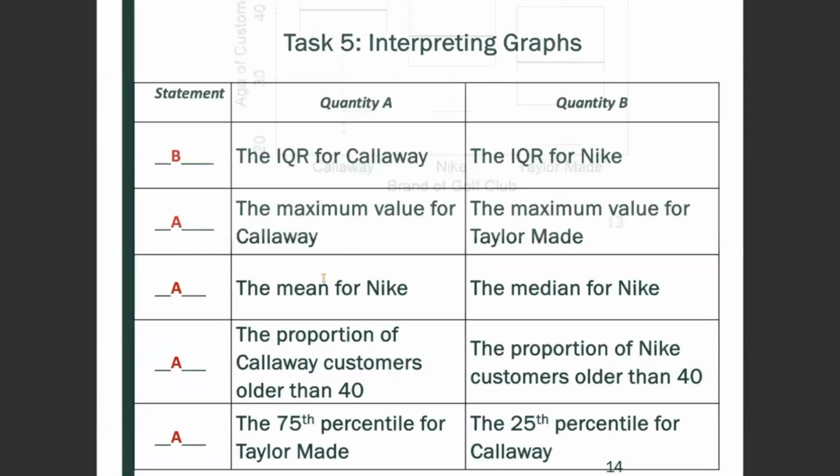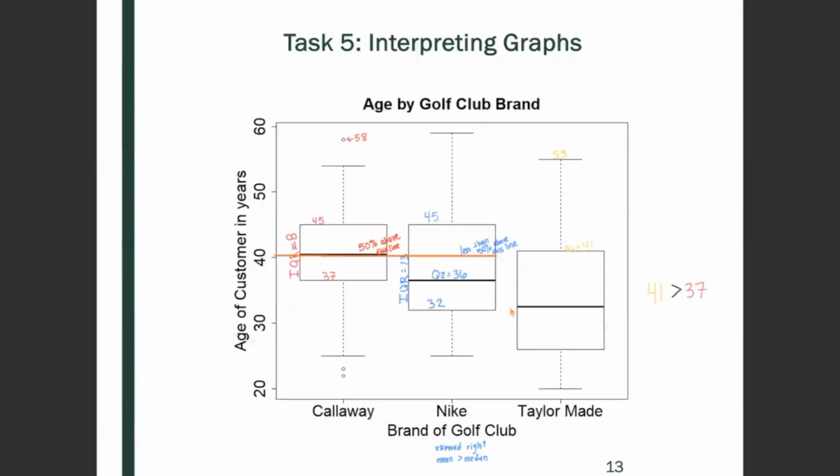Okay. Now we're comparing the mean for Nike versus the median for Nike. So Nike is this center box plot. Here, this thick black line is the median, which is Q2. That is approximately equal to 36. Now we want to compare this value to the mean.